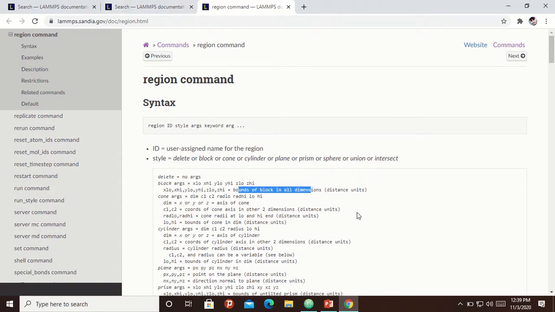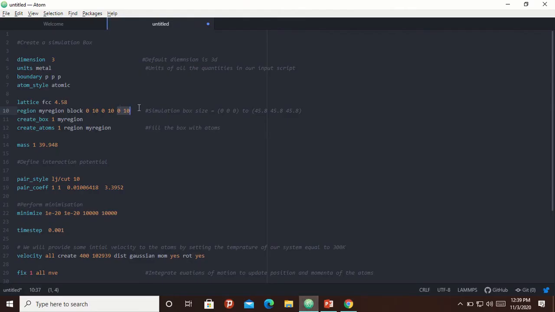So the default unit will be the lattice here. What does that mean? What will be the actual size of your simulation box? It will directly multiply the lattice constant with these values.